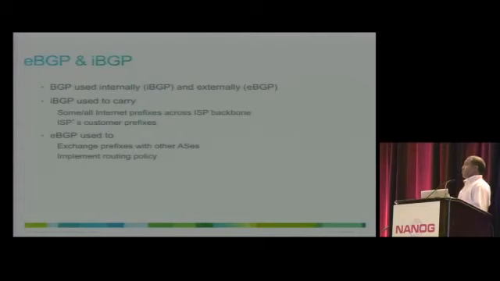BGP obviously is used both internally and externally, but typically it's used to carry routes from the local network to the external networks and to receive routes from external networks. For internal routing decisions, usually the IGP is used. But as I mentioned earlier, when you have a very large internal network, you may also use BGP for that purpose as well.